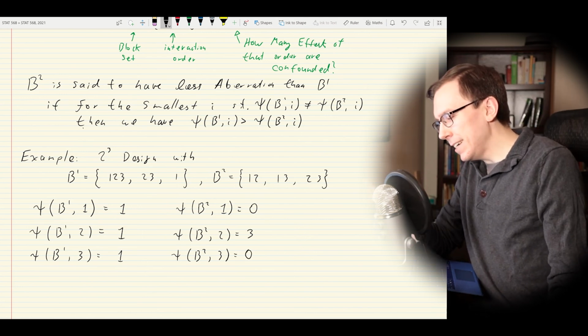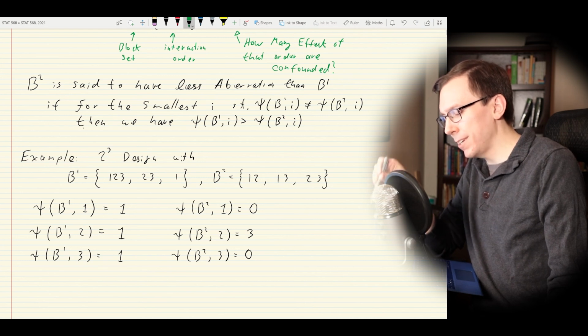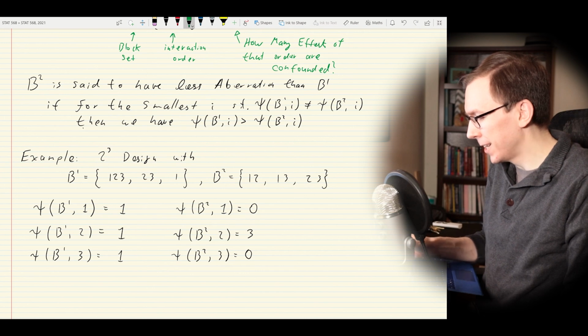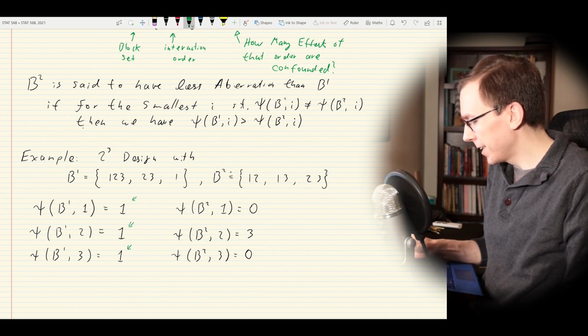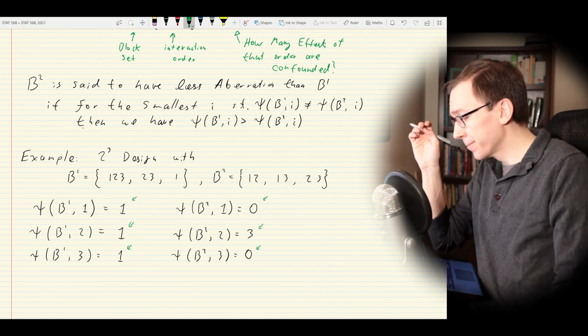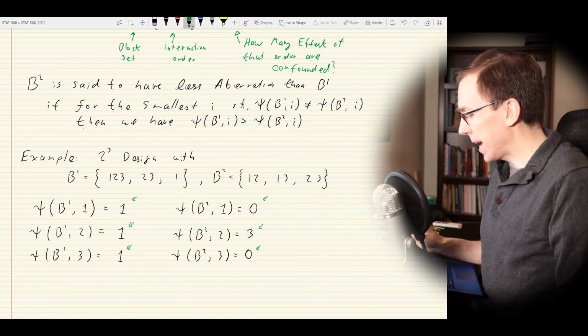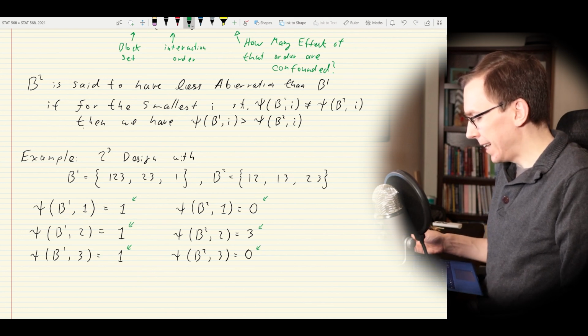So the idea is that we have 2 different ways of putting blocks into our 2 to the 3 factorial design. One is going to give me values of 1, 1, and 1. The other is going to give me a 0, a 3, and a 0. So if we go back to this abstract notion of which one has less aberration, we find the smallest index i where they differ.